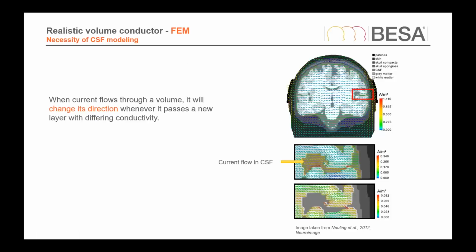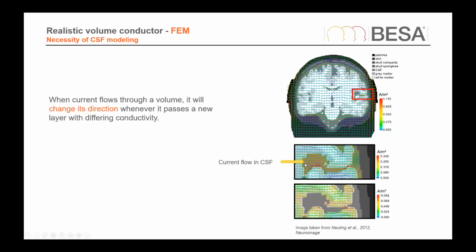There is actually quite a lot of CSF around in the brain, especially in deeper regions, and because the conductivities are slightly different between CSF and brain tissue, the current will change its direction whenever it passes a new layer, in this case when it passes from brain to CSF.